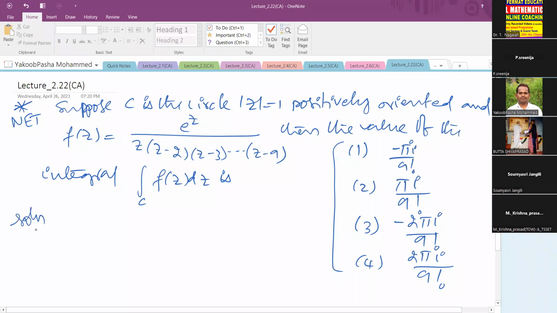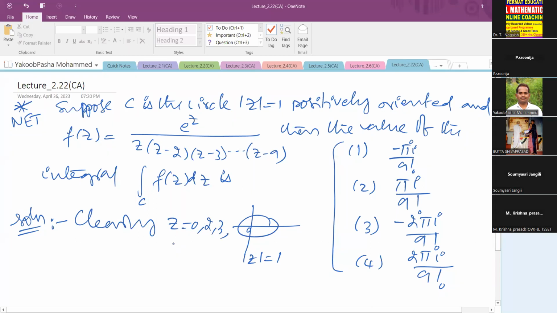We can observe here the circle is |z| = 1, centered at the origin, and the radius is 1 unit. So clearly, when the denominator is 0, z = 0, 2, 3 and so on up to 9 are simple poles.